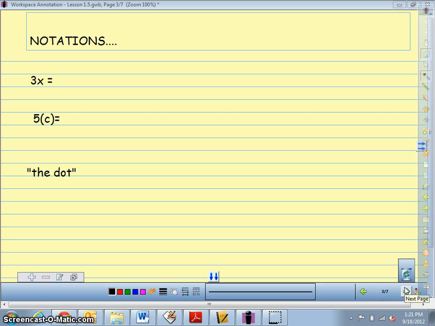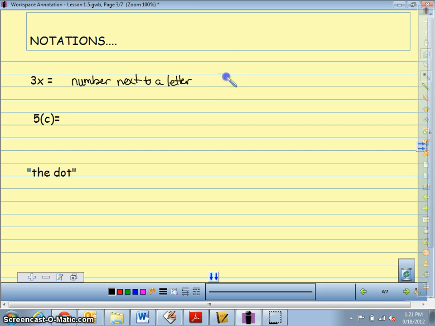Notations. Once we start using variables, we have to change our notation a little bit, because x is a really common variable to use. When we start using that and we continue to use the x sign for multiplication, it can get pretty confusing. So one thing you're going to notice is when you see a number right next to a letter, a number next to any letter, it just means to multiply.